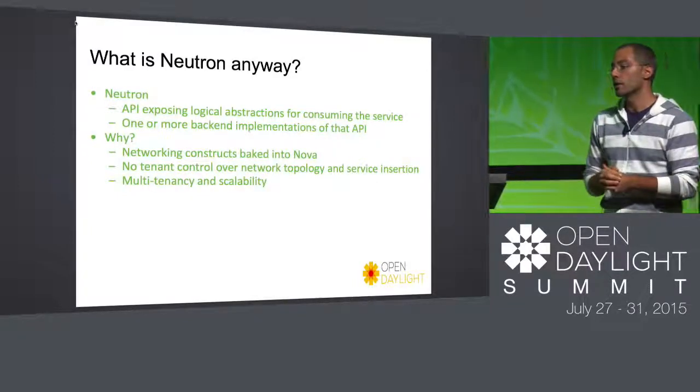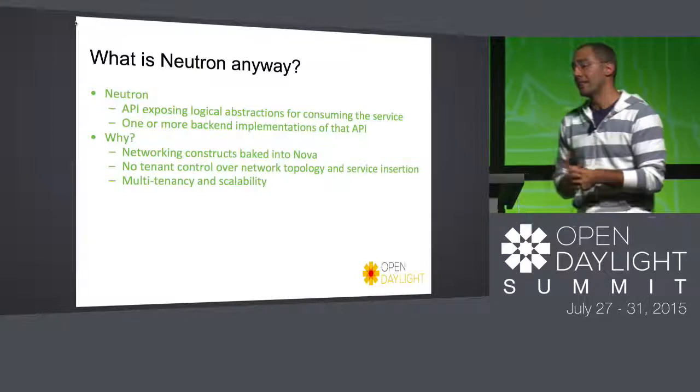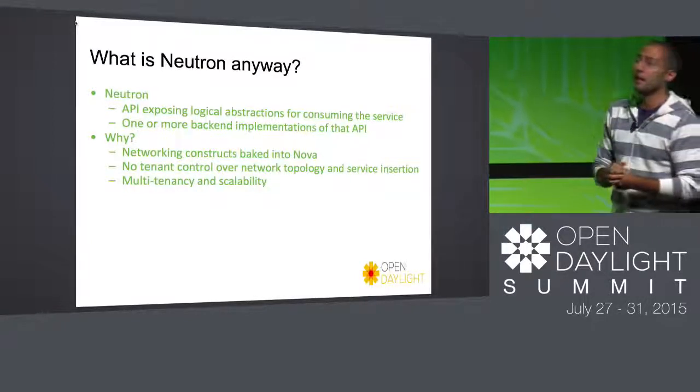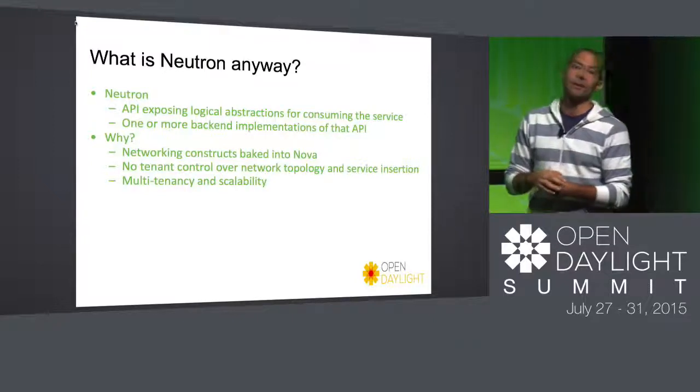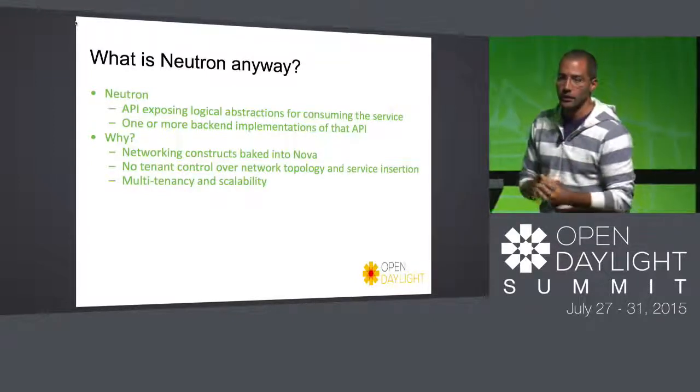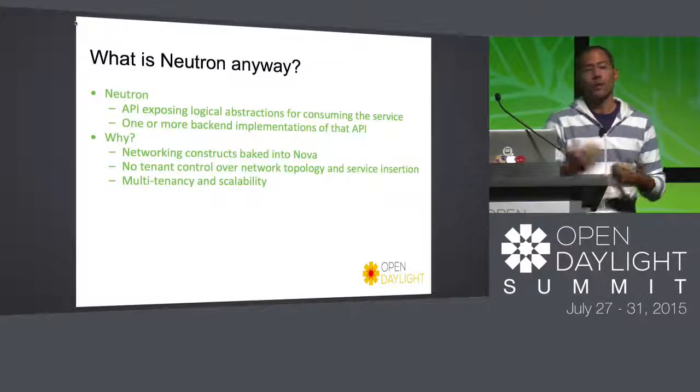Your service of choice. The last point was obviously multi-tenancy scalability, and by that I mean things like VXLAN. Those couldn't be easily experimented with in the context of Nova. So that's primarily the rationale behind why Neutron was born.